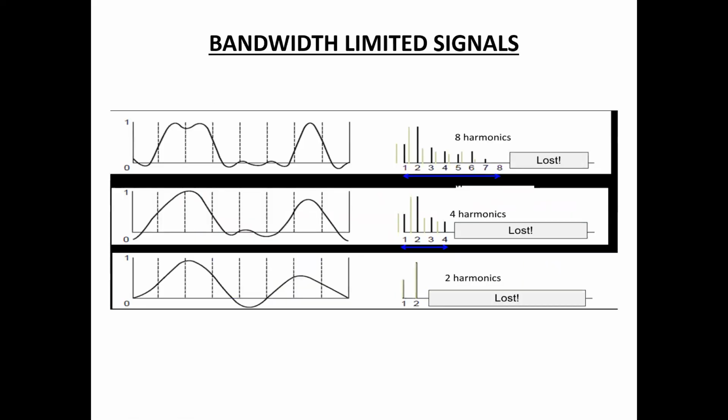See here, next one, bandwidth limited signals. Limited bandwidth means the data rate is limited. See here, 8 harmonics. So 8 harmonics is represented as this waveform.